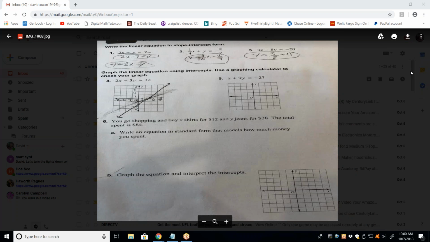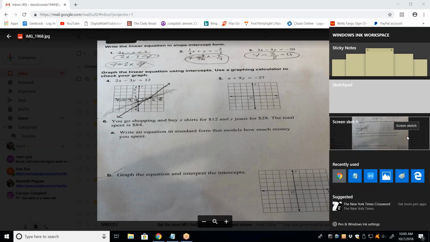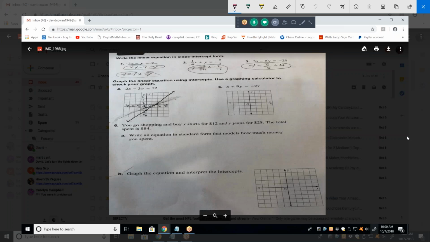Graph the linear equation using intercepts. Okay, so let me write on here. We've got x plus 9y equals minus 27.